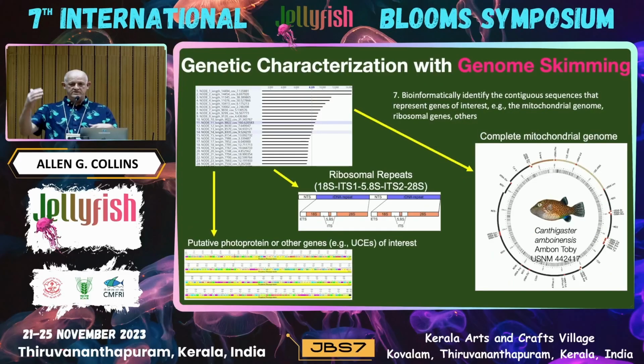And then with that list of the contigs, we're able to search through that bioinformatically to look for, so where is the cytochrome oxidase 1 gene? And that almost always comes out on a long contig that corresponds to the mitochondrial genome. And we can look for other data in there. So we've been mining it for the ribosomal repeat units, which is 18S, ITS1, 5.8S, ITS2, and 28S.